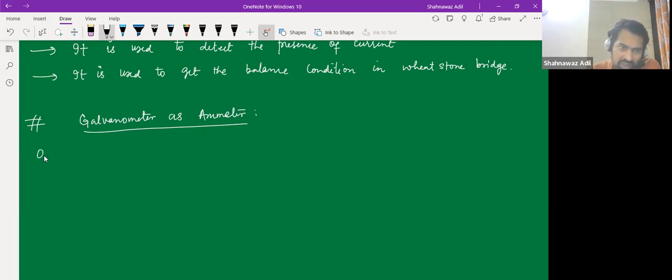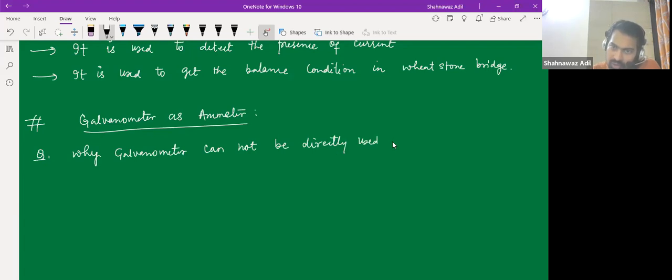So the question is why a galvanometer cannot be directly used as an ammeter, right?